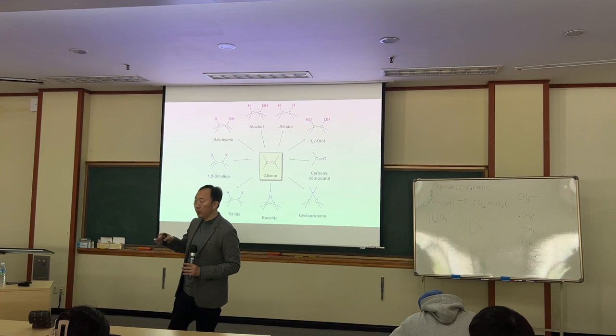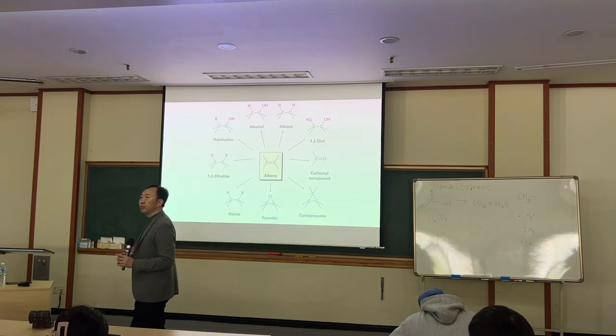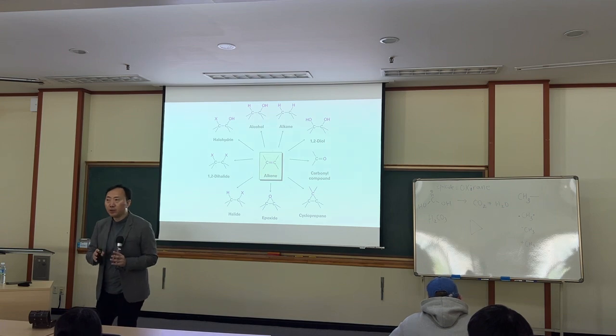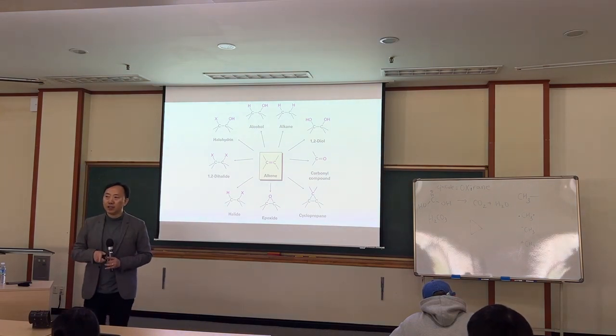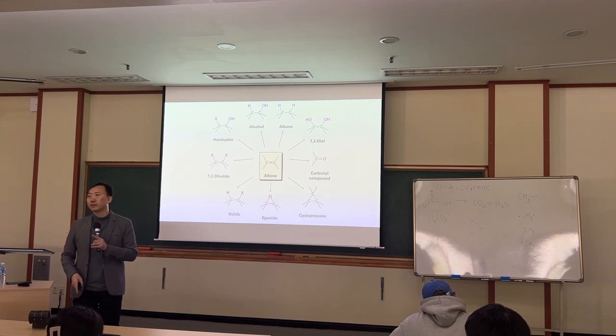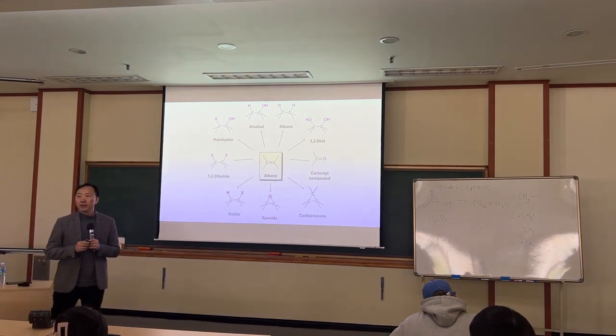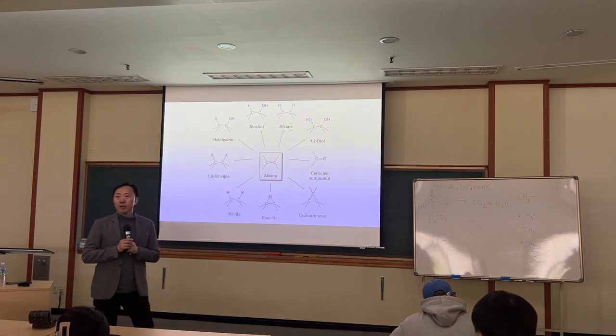Sometimes we don't want to have chlorine. Then the Simmons-Smith reagent, CH2I2, reduced by a metal, zinc or copper, then CH2 carbene will be generated, and you can react with that. And polymers. Okay, this is all we have learned today.